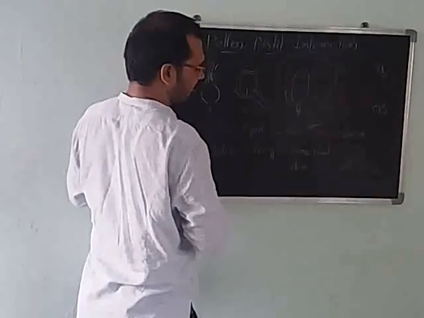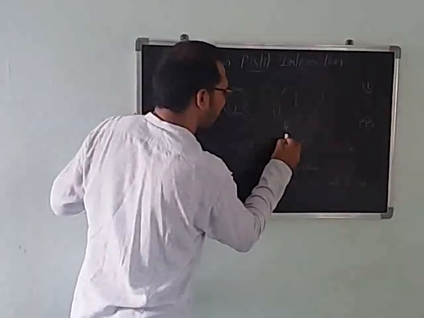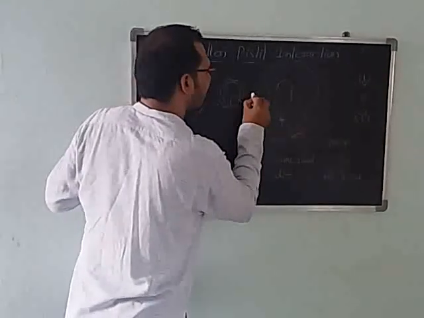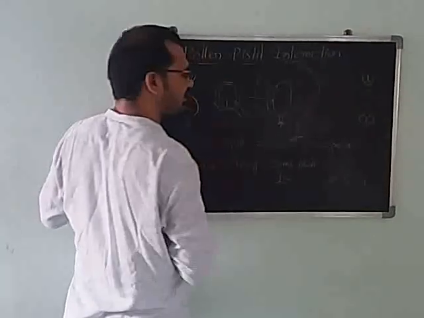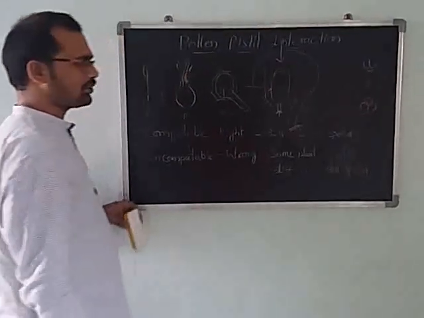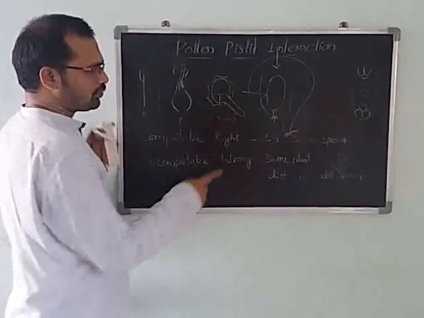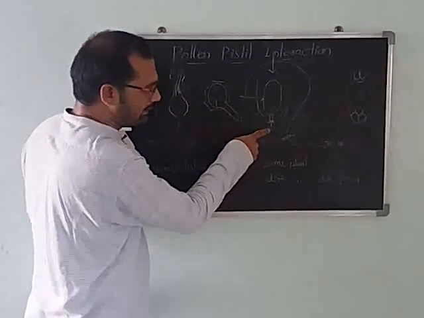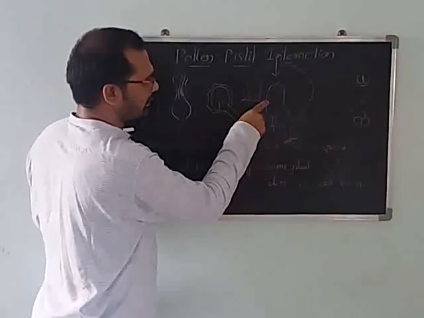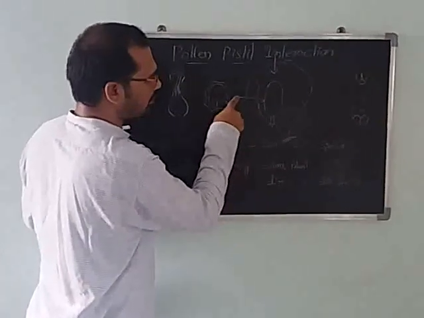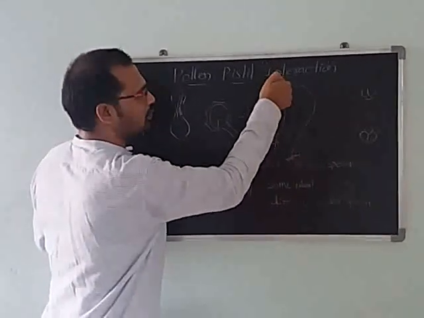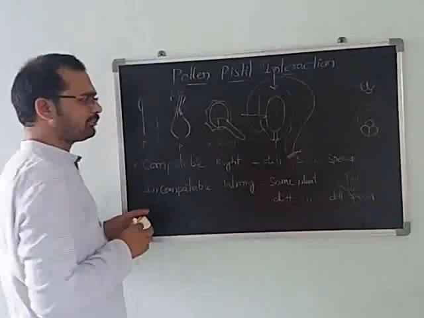The pollen tube passes into the embryo sac through the micropylar region, or through the integument region, or through the chalazal region. There are three possibilities. One: the pollen tube enters the embryo sac through the micropyle. Two: through the integuments. Three: through the chalazal region.